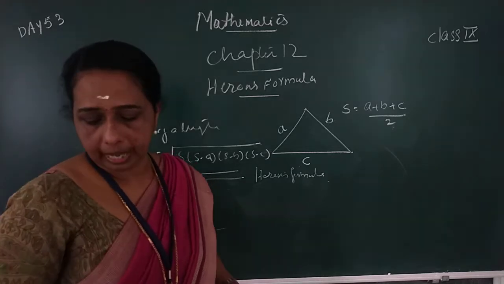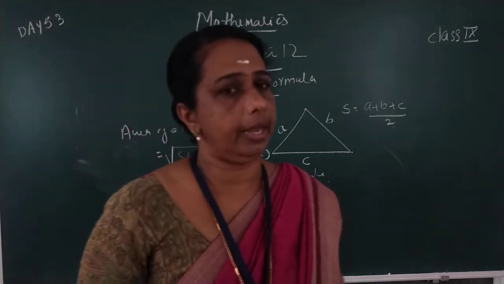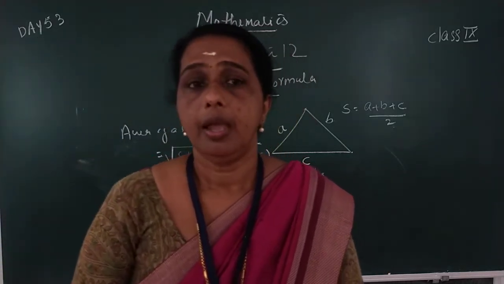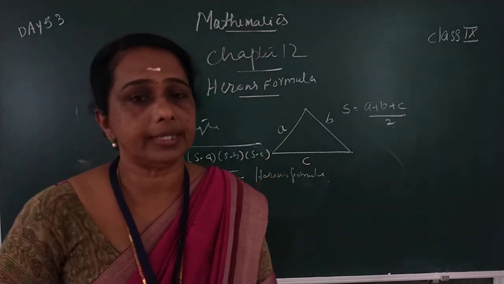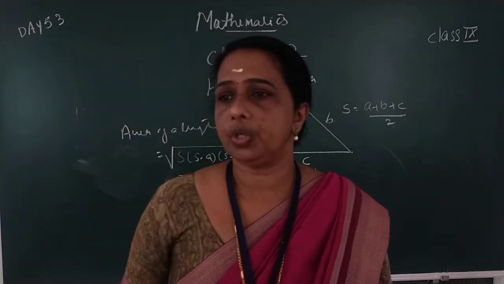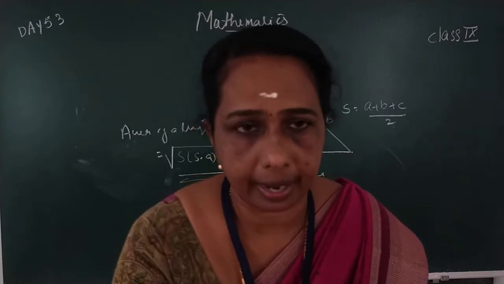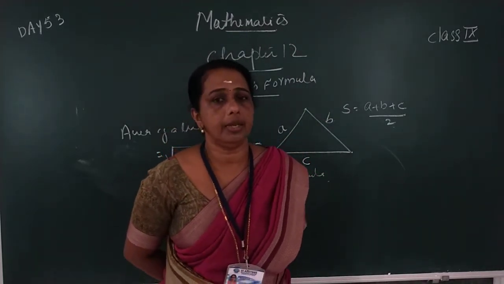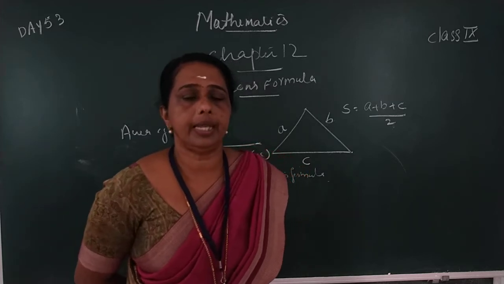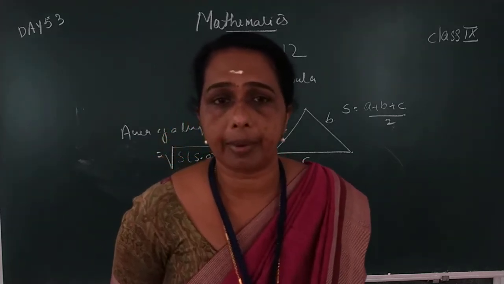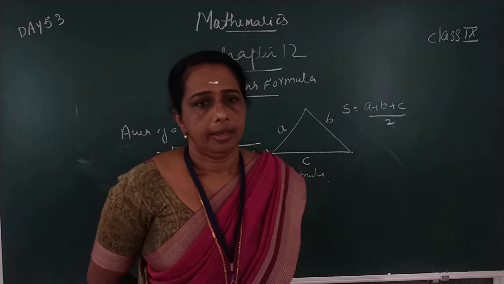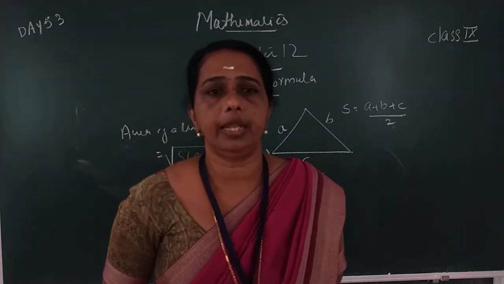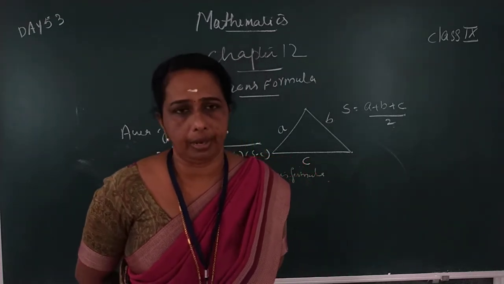Okay, then the area of a triangle that you already studied, the formula is half BH, the base and altitude is given. And also we know the area of an equilateral triangle, if one side is given, one side here we are taking small letter A, then its area is equal to root 3 A square by 4. Next we have to study one formula, that is Heron's formula.